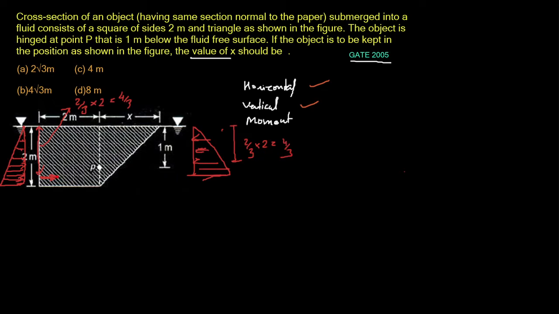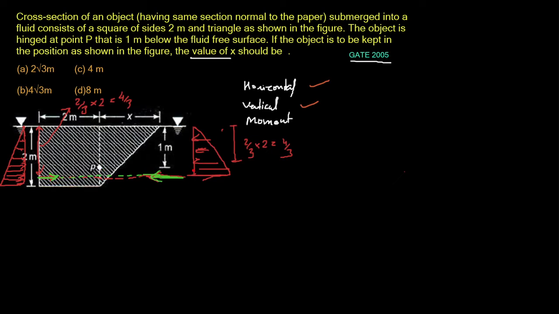And we can see that these two total forces, this is the total force acting at the right side, and this is the total force acting at the left side, and these two forces would be collinear. That means the moment due to these two forces about the point P would be 0, would be cancelled out. So the net moment made by these two forces about point P would be 0.